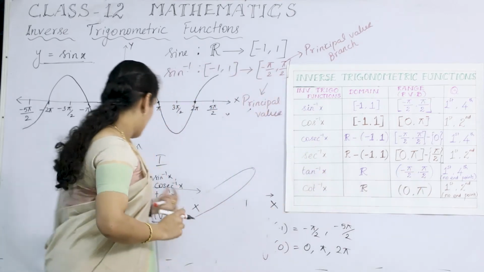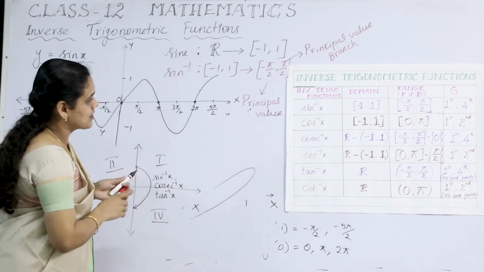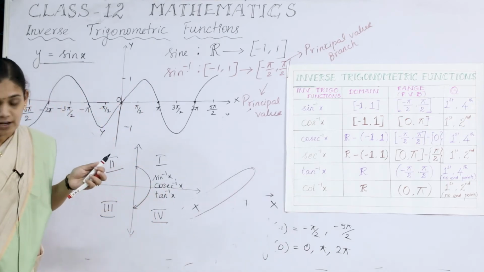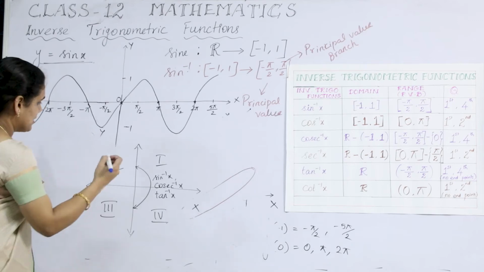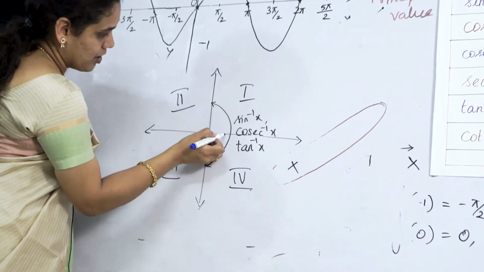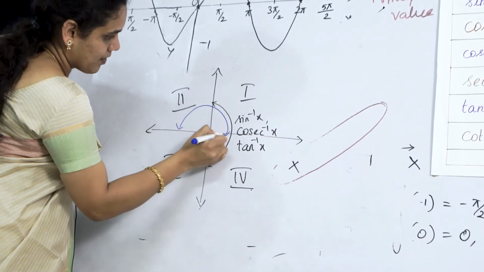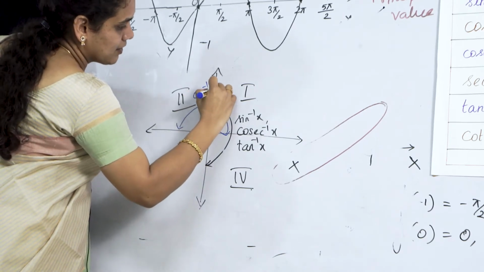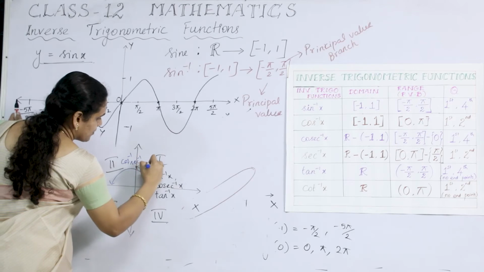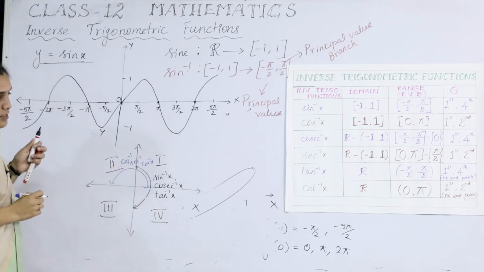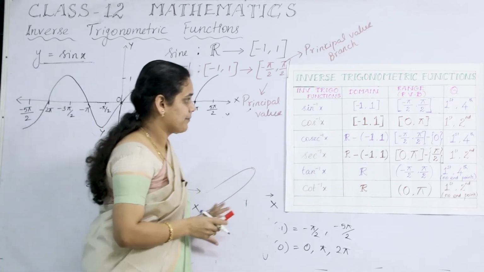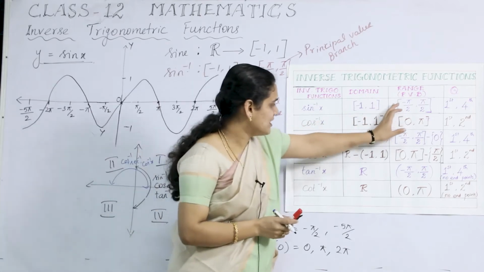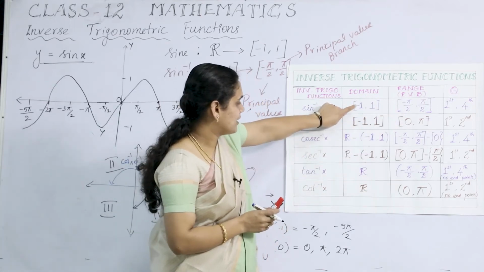All right. And what about cos, secant and cot? They will be in the first and the second quadrant. So it will be here. It is easy for us to remember the intervals in this way. It is very simple to remember. Sine and cosine both take minus 1, 1.